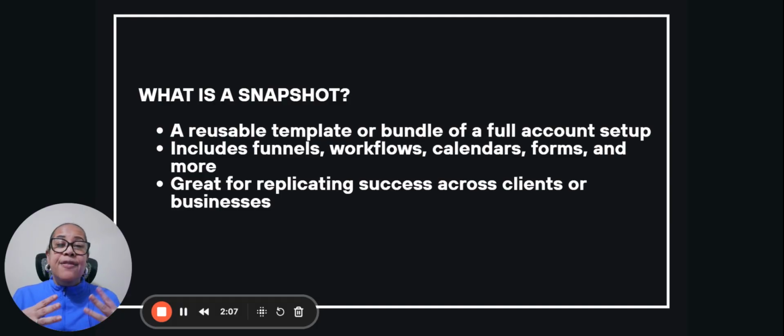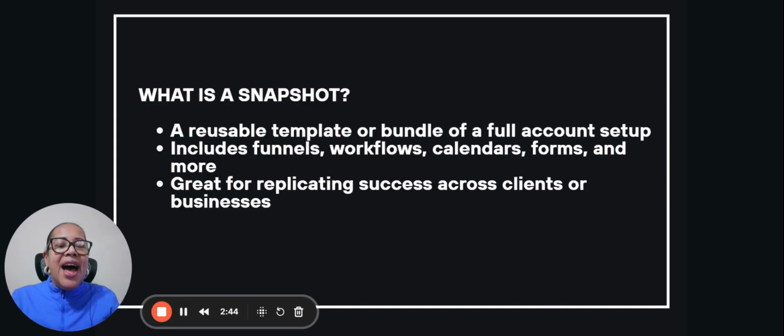So basically, if I created a snapshot or a workflow, so to speak, for a lawn business, a landscaping business, right? And I may have included in it a landing page. I may have included in that snapshot a form that someone can use to opt in. I may have included an email marketing series, a text message response, a thank you once someone opts in, and all of those assets will be bundled up into one place, and that's called a snapshot.